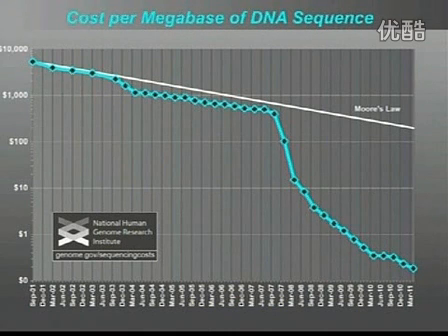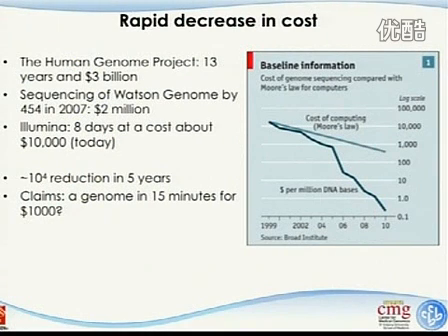And actually, for 1 megabase of sequence, the reagent cost on the Illumina platform is 4 cents. That's the amount of data you can generate with limited funding. So think about that, the rapidly decreasing cost.